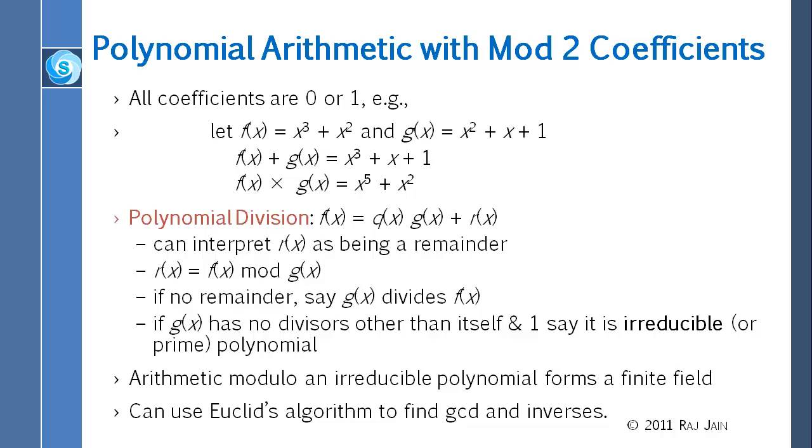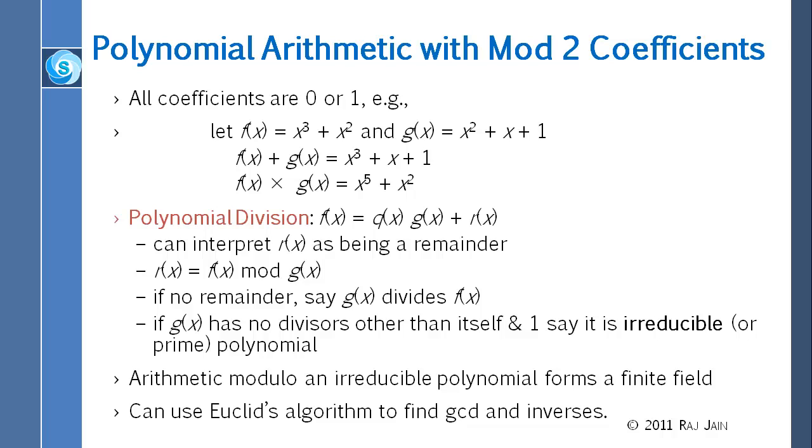You want to divide, you can do the division the same way. You could divide and then you could get a quotient and a remainder. The remainder would be less than the divisor basically in degrees, right? As long as the degree is higher than the divisor, you keep dividing until you get the remainder. And so R(x) is the remainder.